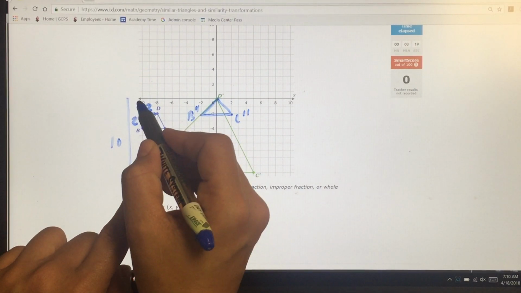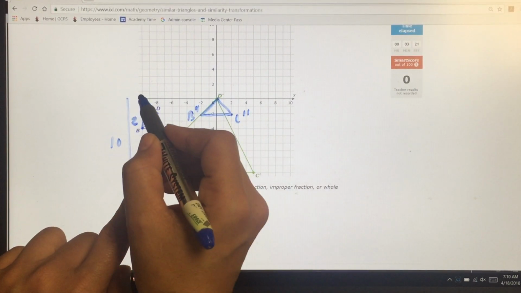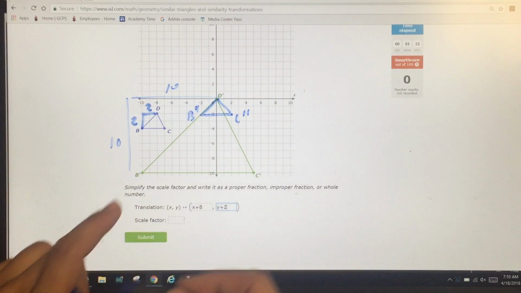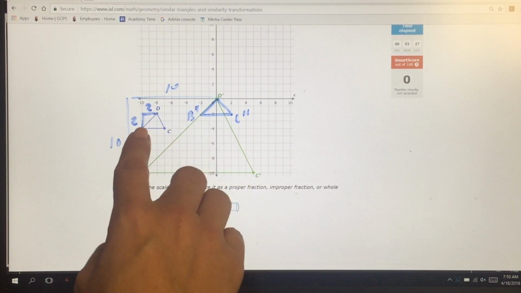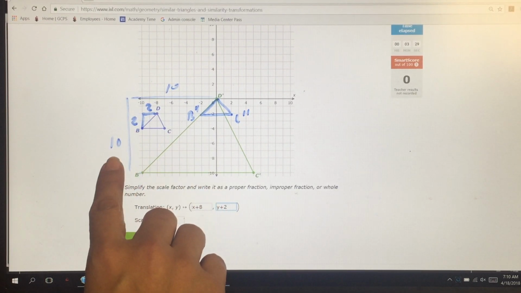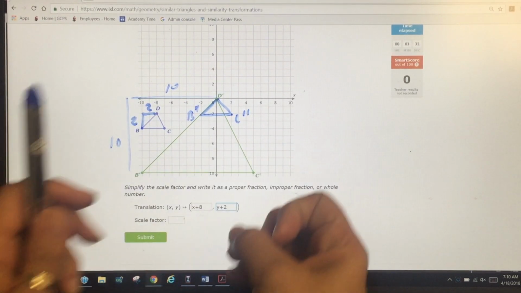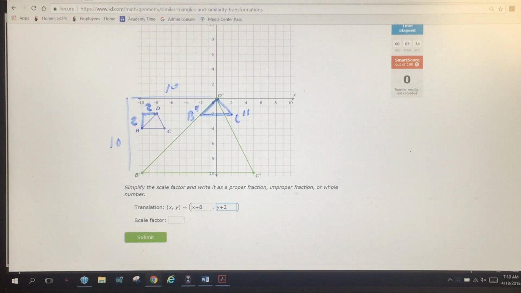And then from -10 to 0, it's also 10. So the slope is 2, 2 to now 10, 10. So what did I do to it to get from 2 to 10? I multiplied it by 5. So now this is 5 times bigger. So the scale factor, or the dilation, is going to be 5.